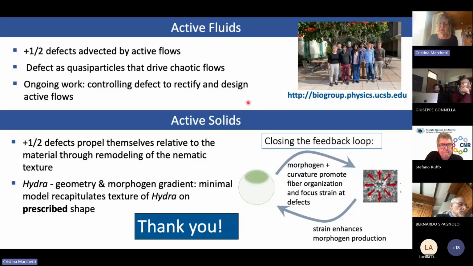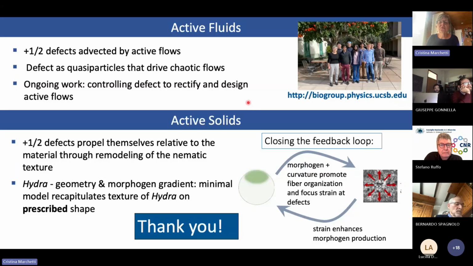Now, what we have looked at in that case is just a system that has activity and elasticity. We have not introduced the morphogen in any way. So we have either done morphogen and nematic texture, or nematic texture and elasticity. We haven't put it all together.